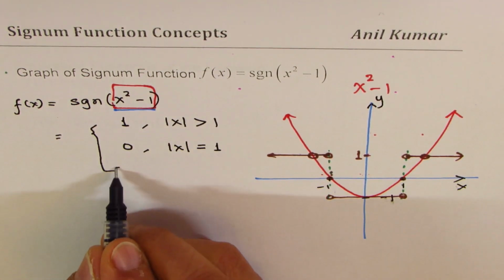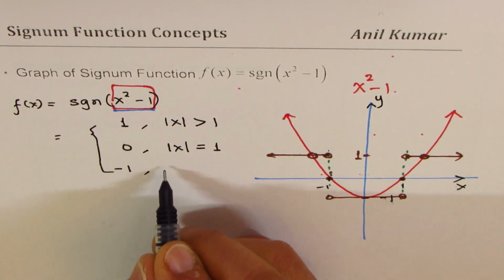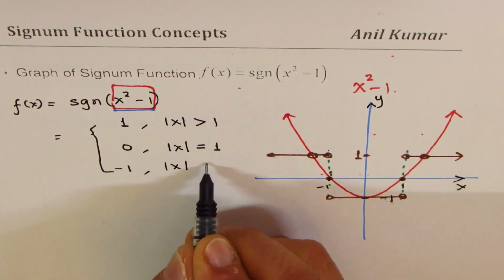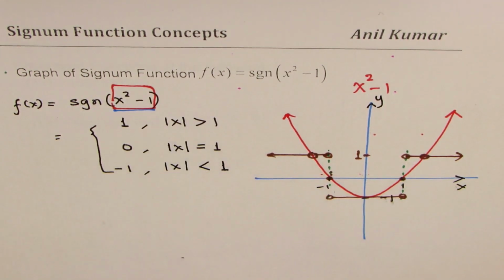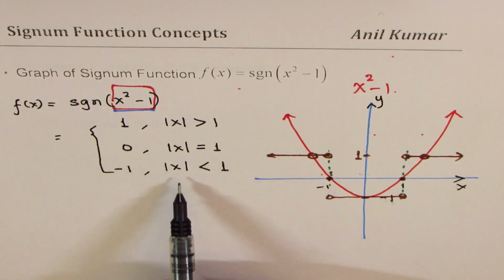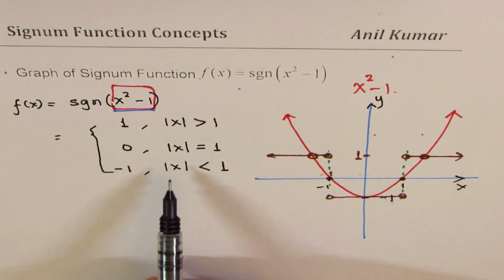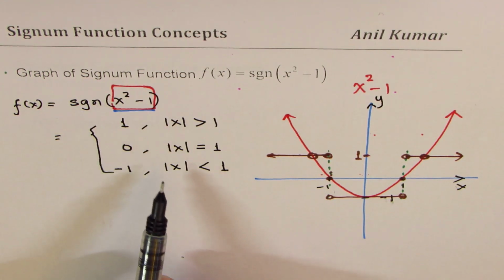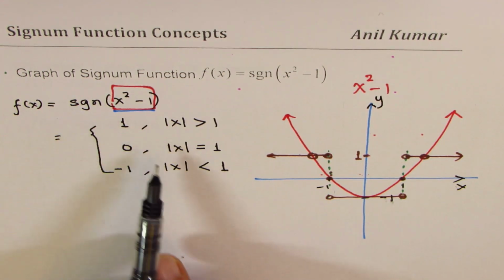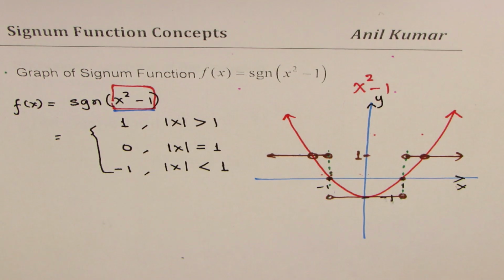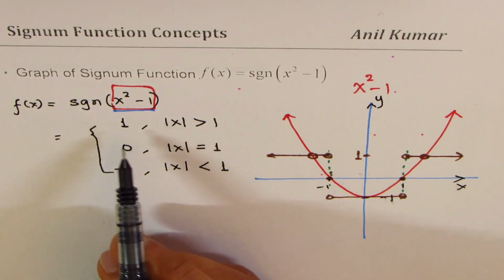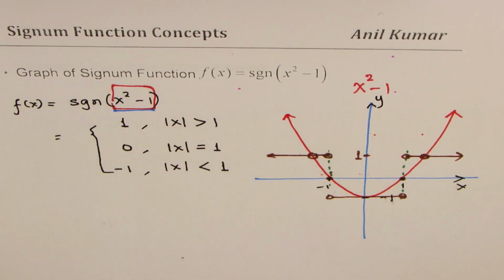And it is equal to minus 1 when the absolute value of x is less than 1. Do you see? So with the help of the absolute function, we can very easily define the signum function. So combining signum with the absolute function is of huge importance. It really helps in calculus. Okay, so I hope the concept is clear why we introduced these two things together.